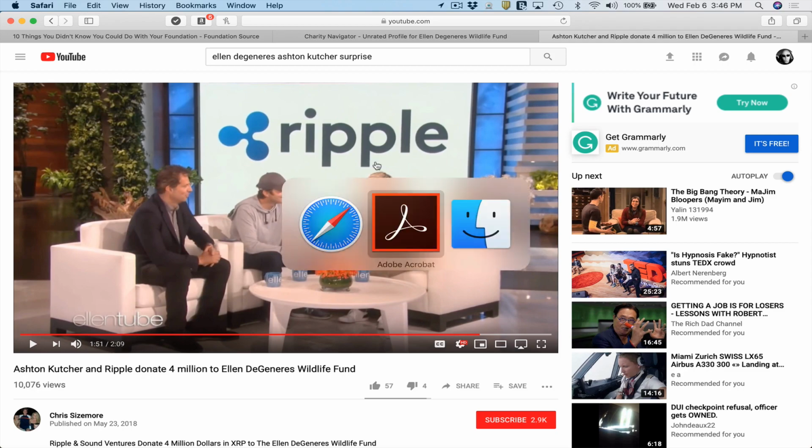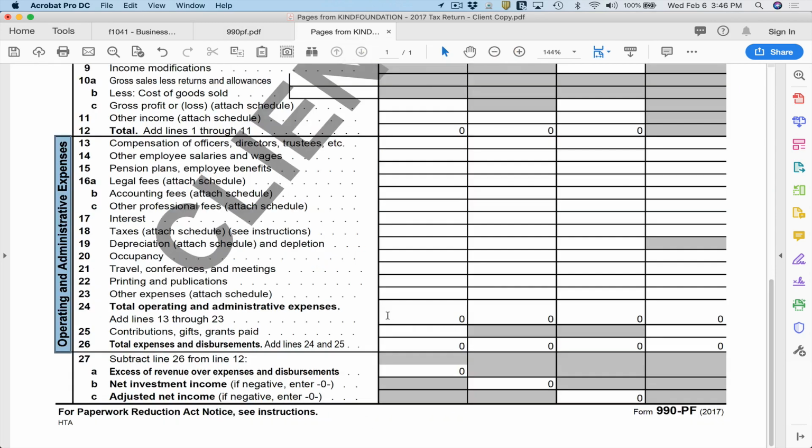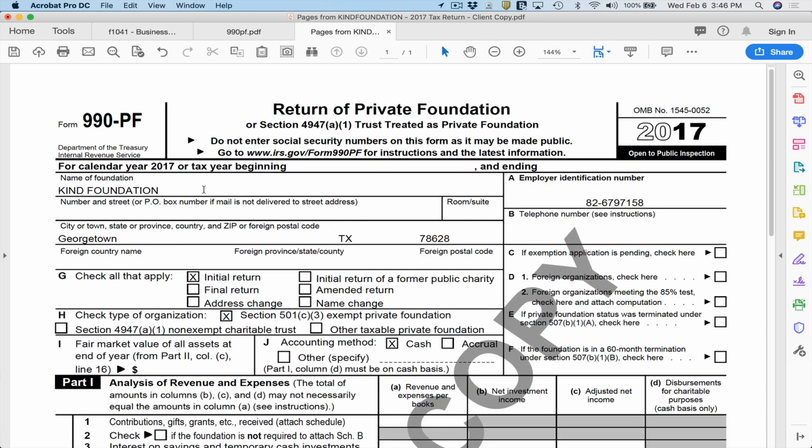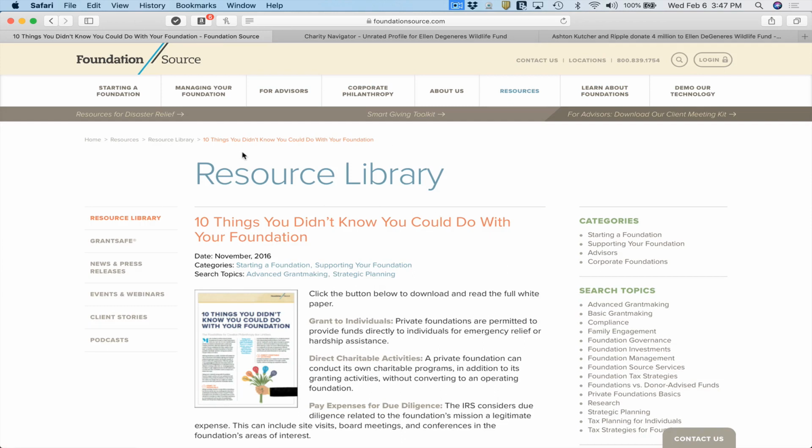And yes, what that allows them to do is to give back more in a more meaningful way. That's what we do with Kind Foundation. We support foster kids and foster families by making gifts and grants and donations to other organizations who support foster care and foster families.